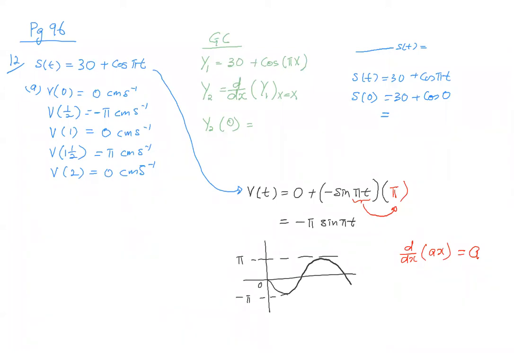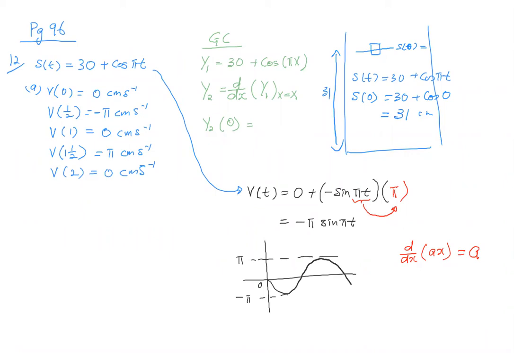Emily? 31, thank you. 31 cm, which means that at the beginning, the cork is here, and this is 31. Can I say like that?